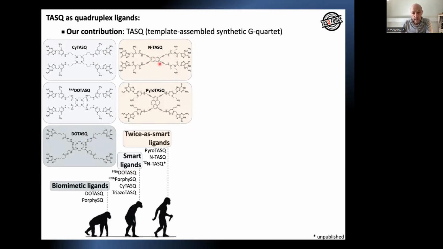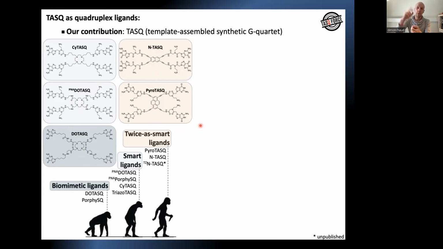And then we changed the nature of the templates. It was always cyclic here just because it's C4 symmetrical. Here we use some pro-fluorogenic templates, naphthalene, pyrene, for example. And this was the first example of a twice as smart quadruplex ligand, because they are always smart ligands. They fold into their G4 affinity conformation in the presence of the target only.